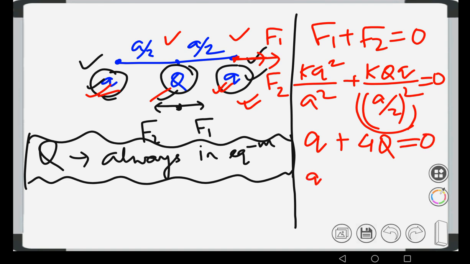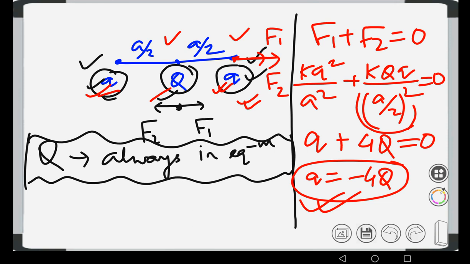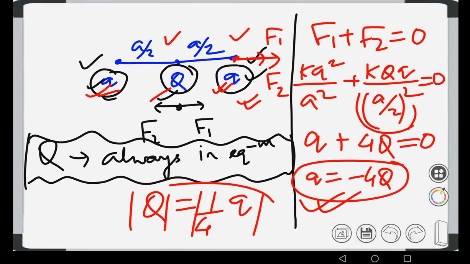On solving this, we get small q must be equal to minus 4 capital Q for bringing the entire system in equilibrium. So what do we understand from here? That the two charges, small q and capital Q, must be of opposite sign, and the magnitude of capital Q has to be 1/4 of the charge on small q, and the sign must be opposite so that the entire system remains in equilibrium.